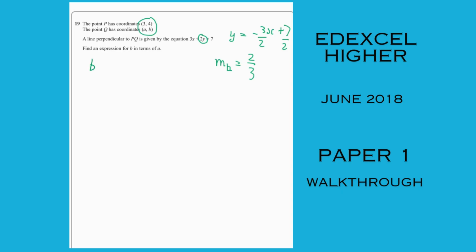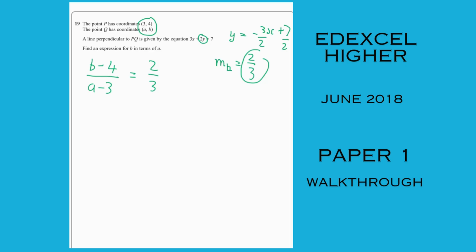So b minus 4, that's the difference. A minus 3, that's the difference. And that's the formula for the gradient. I could put that equal to m. But why would I bother when I know what m is?